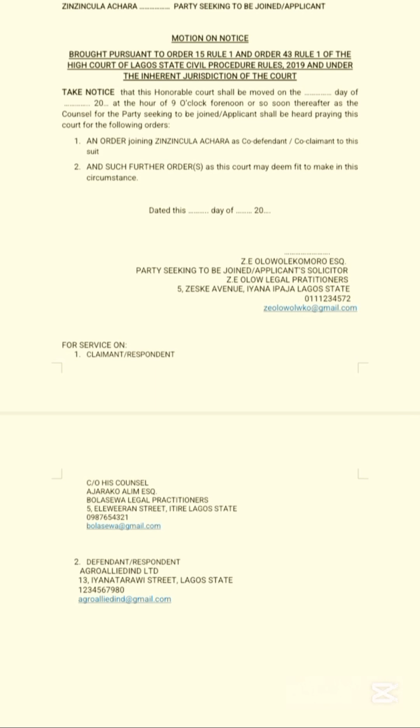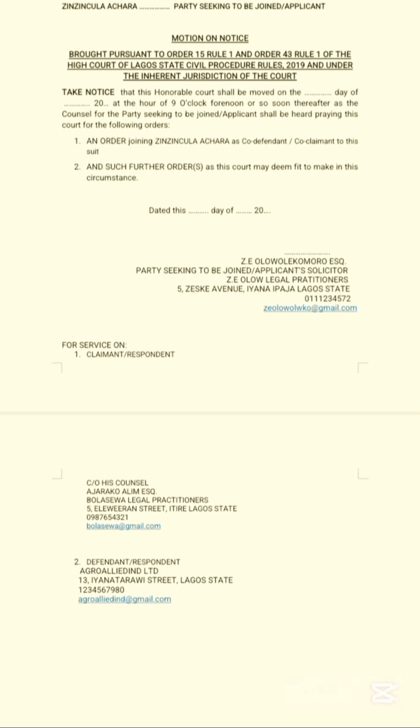Now, in this place, you will realize that we have two people that are going to be served. Those are the claimant respondent and the defendant respondent. I will also want you to take note of something. Look at this. For the claimant respondent, we are serving his lawyer. We are not serving the claimant respondent directly.